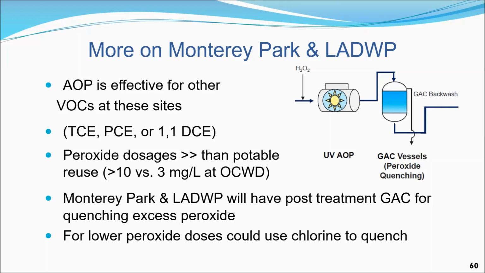And because of that, there's going to be a lot of peroxide that is not converted to hydroxyl radicals. So you're going to need post-treatment to quench the excess peroxide. So that's why, in this case, they have a lead lag GAC after the UVAOP for both sites.